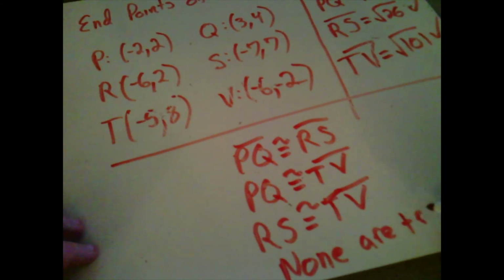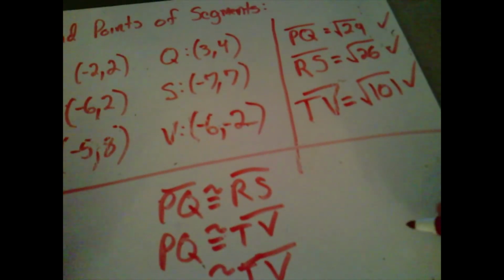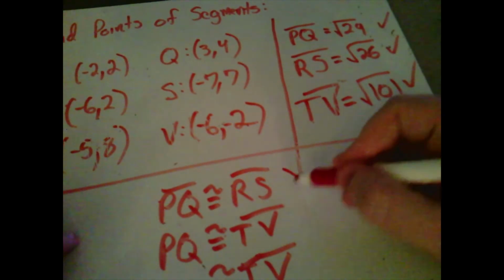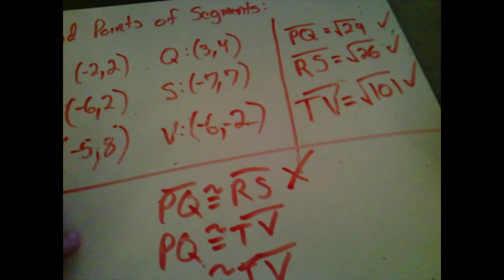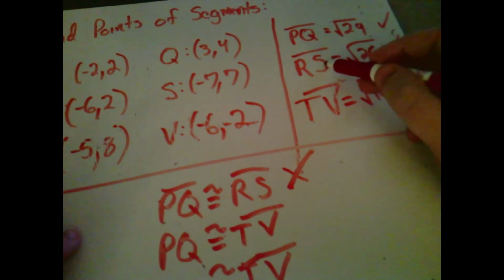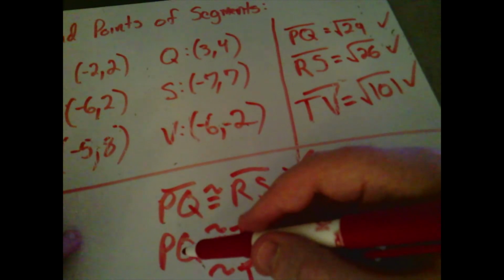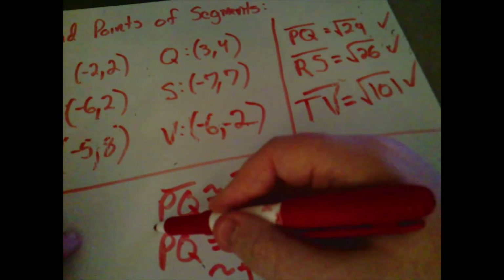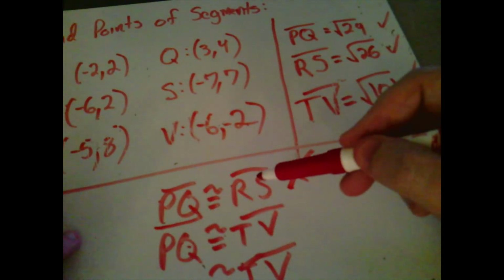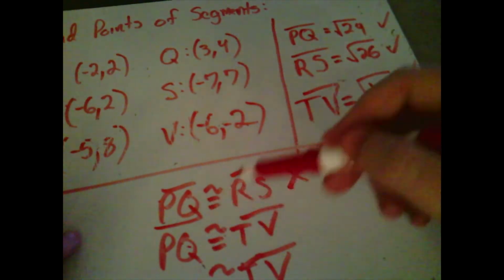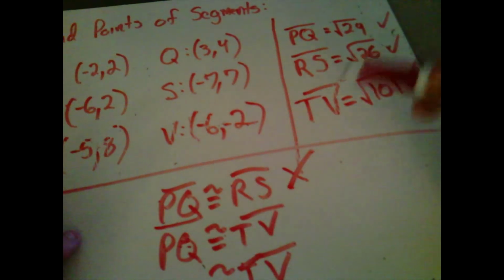Let's see what we got. PQ is square root of 29. RS is square root of 26. Is the square root of 29 equal to the square root of 26? No, that's not true. Is segment PQ, square root of 29 again, equal to segment TV, square root of 101?